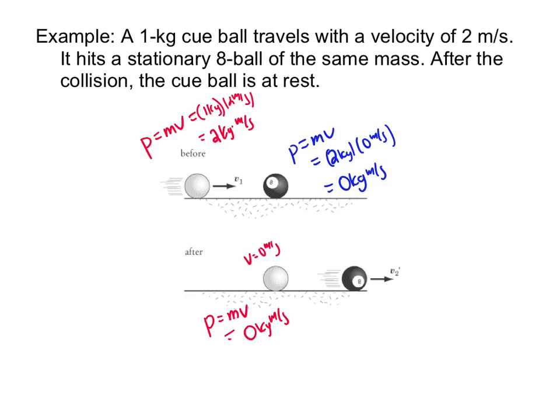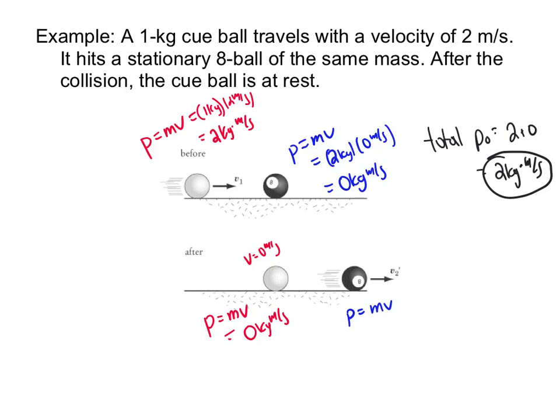Now, we want to take a look at the momentum of the 8 ball afterwards. Now, before the collision, the total momentum is 2 plus 0. So we have 2 kg times meters per second as the total momentum before the collision.